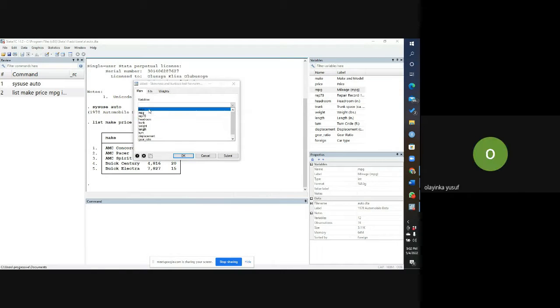Hello, Prof. Yes, sir. Mine has that variable make listed in this dialog box. What could be responsible, sir? What version is it? Version 12, sir.